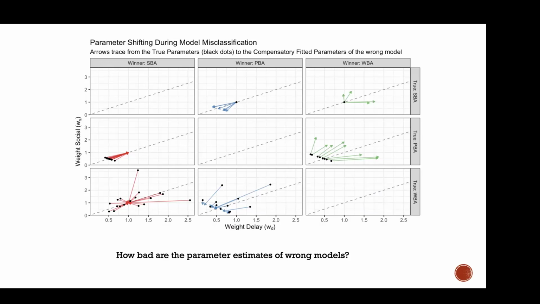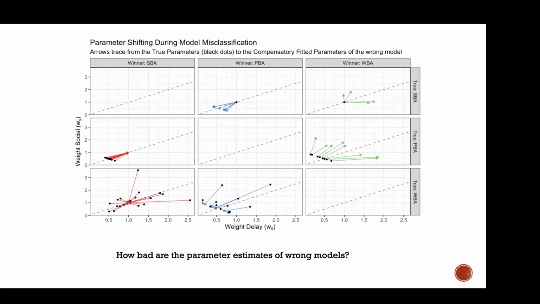There we generate with SBA, and the winner is SBA, so there's no wrong model. Here it's generated with SBA, and the winner is PBA. And what it's doing is moving those parameters to the diagonal that we've seen before. That makes perfect sense. When the winner is WBA, it's spreading them out, right? It's systematically overestimating because it leaves lower value to the PBA, which is actually great to a certain extent.